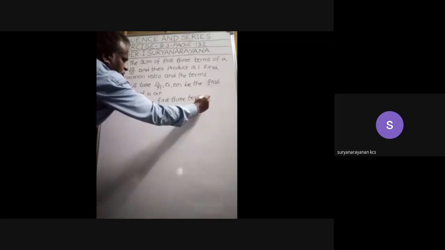Now, according to the given data, what is given? The sum of the first three terms of GP is 39 by 10. Given the sum of the first three terms of the GP is equal to 39 by 10.